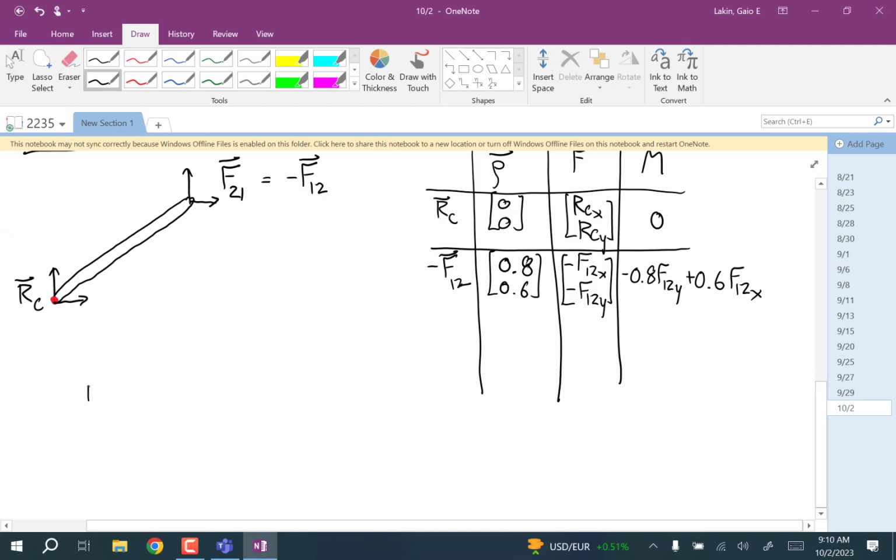And so our fourth equation, remember we get 3 equations for every rigid body. The first one says RCX minus F12x is equal to 0. Our second one says RCY minus F12y is equal to 0.